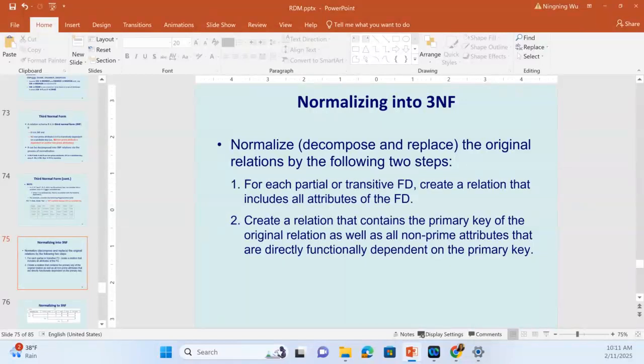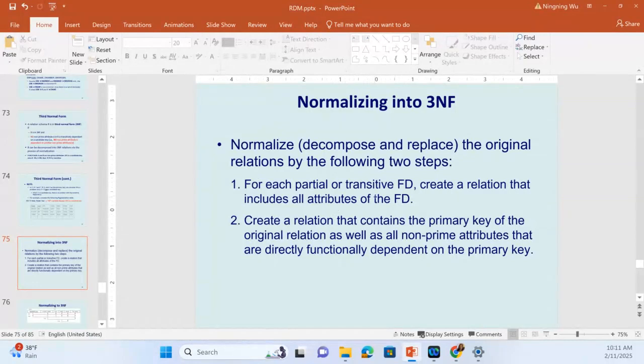Then step 2: we create a relation that contains the primary key of the original relation, as well as all non-prime attributes that are fully dependent on the primary key. Step 2 we only perform one time, but step 1 we may repeat multiple times.